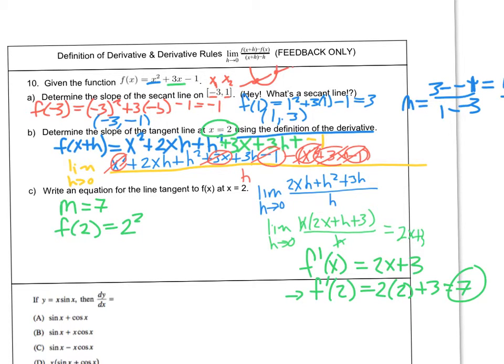So it's going to be 2 squared plus 3 times 2 minus 1. 10 minus 1 is going to be 9. My point would be 2 comma 9. The equation for this tangent line would be y is equal to 9 plus 7 times x minus 2.